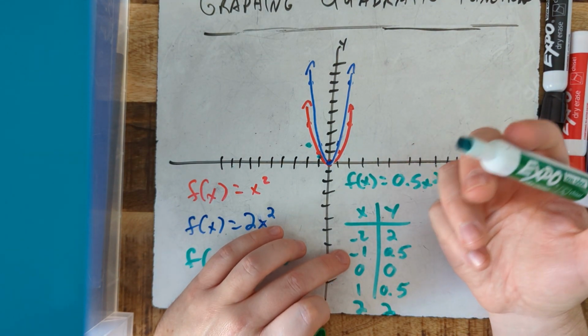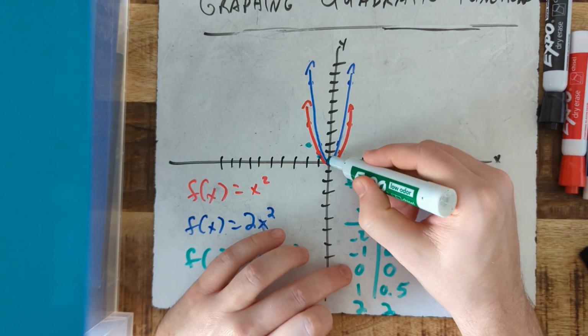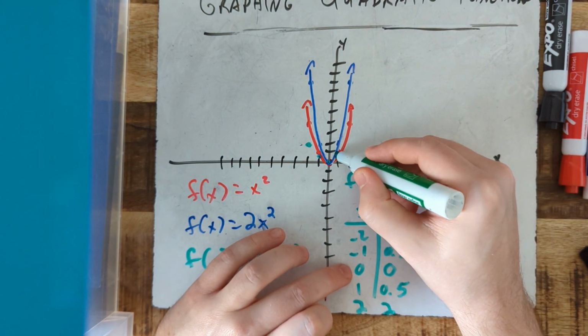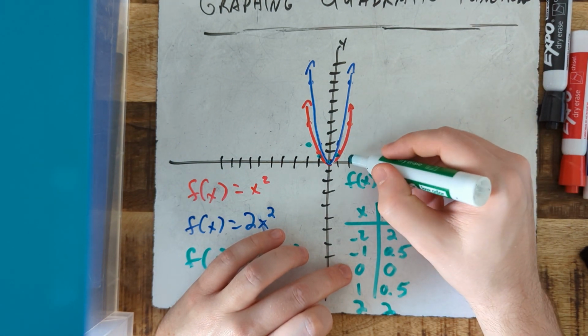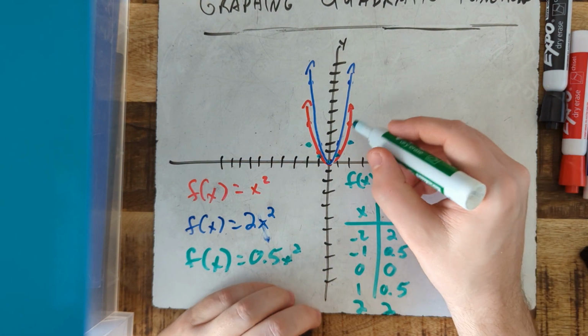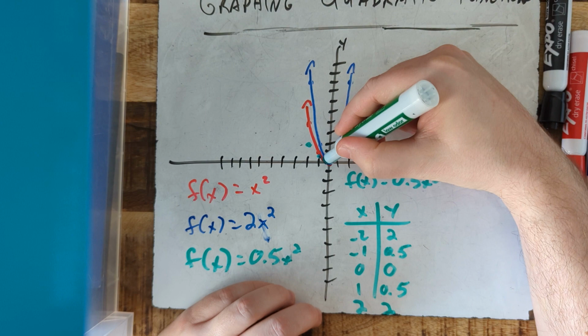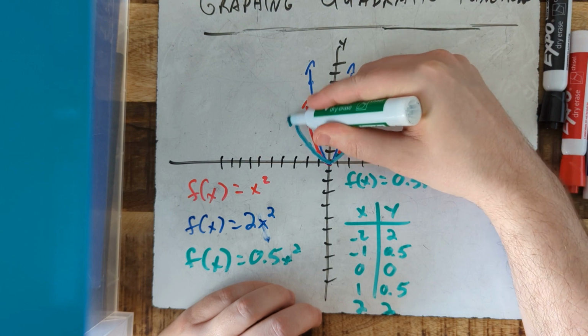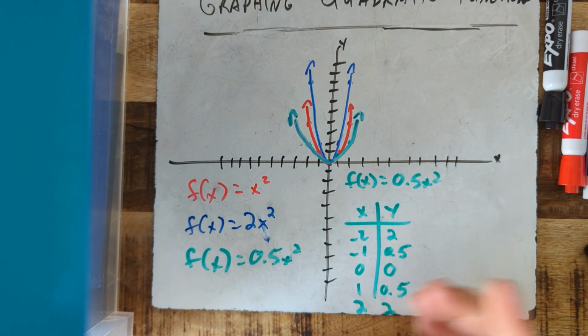Okay, it's not super exact, but you kind of get the idea. 0, 0 in the middle. Same thing, +1 and 0.5. And then our last one, 2 and 2. So when we connect these lines, you can see it kind of comes down and up like that. Okay, so you see how this one is wider than the other one.